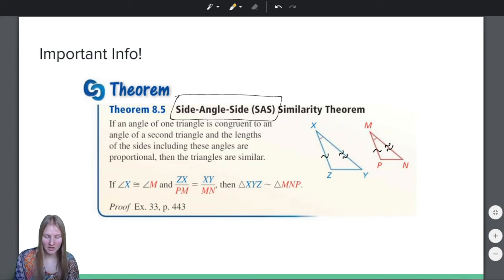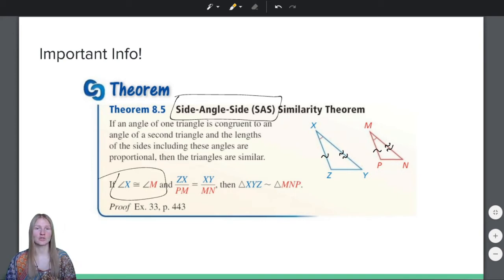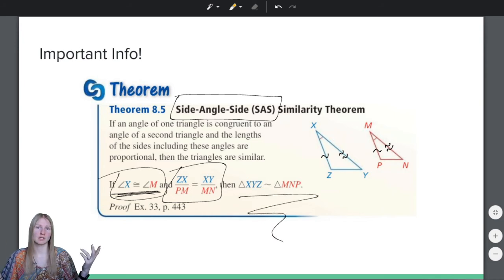Remember, angles are congruent, sides are proportional. So if 2 sides are proportional and the angles in between them are congruent, then the triangles are similar. Make sure that this is in your notes. All theorems should go in your notes.